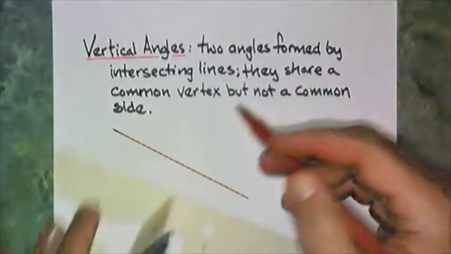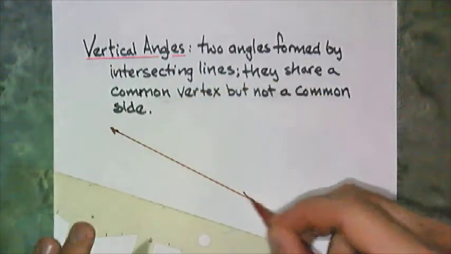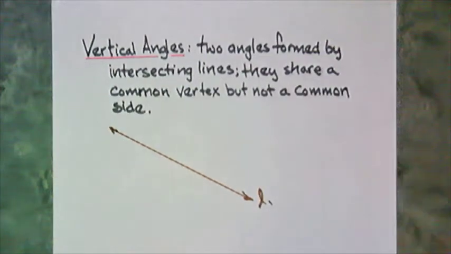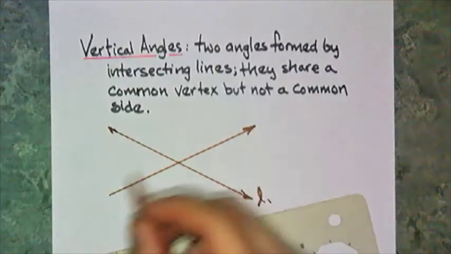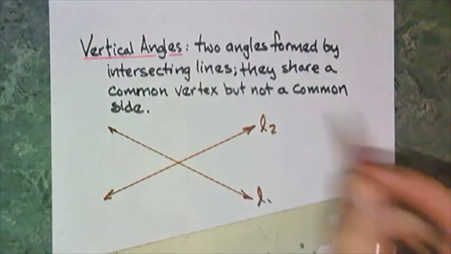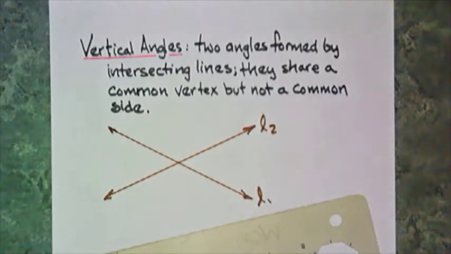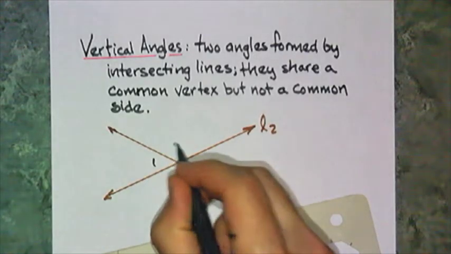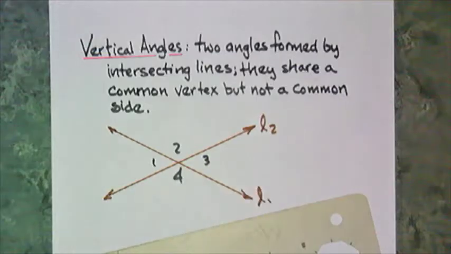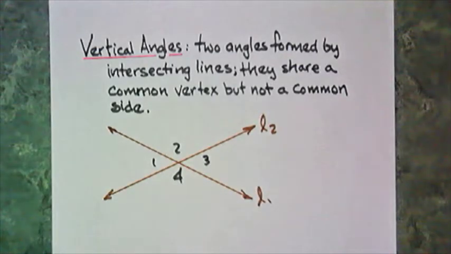So I've got line 1 and line 2. Anybody could see that two lines that intersect form 4 angles. So I'm going to number them. 1, 2, 3, 4.